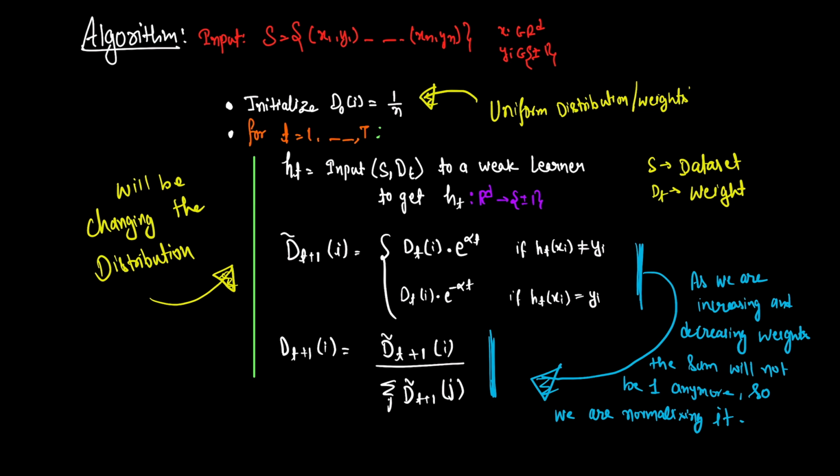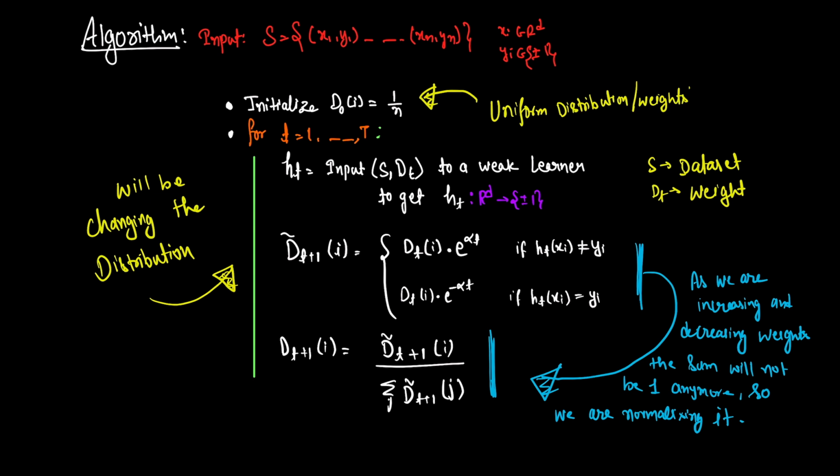So first we initialized a distribution or weight, that is a uniform distribution, which is 1 by n.